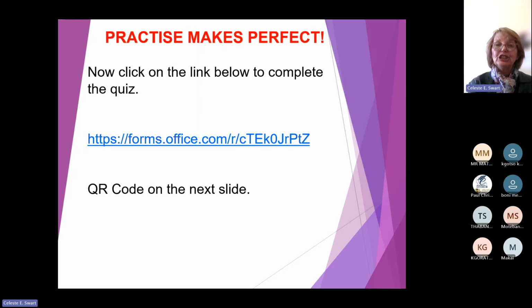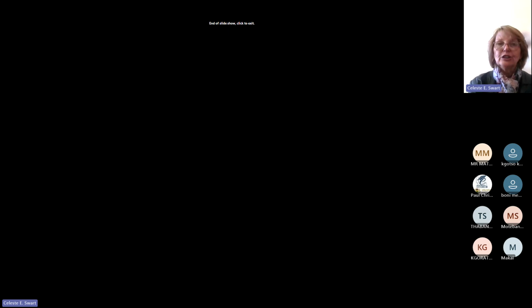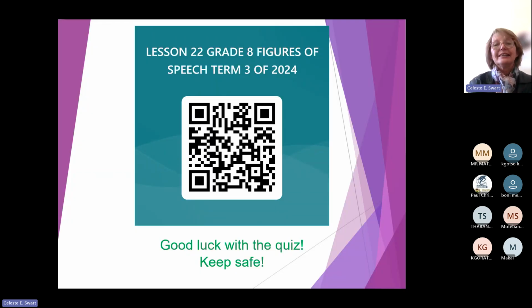The link has been shared on the form already with the teachers on the VLRP link. It's been shared on the WhatsApp group. So please use it to make sure that you really try to complete this. Or you could scan your QR code and complete it that way. So go and make sure that you do that, that you can test yourself and make sure that you understand what you are doing and why you're doing it.